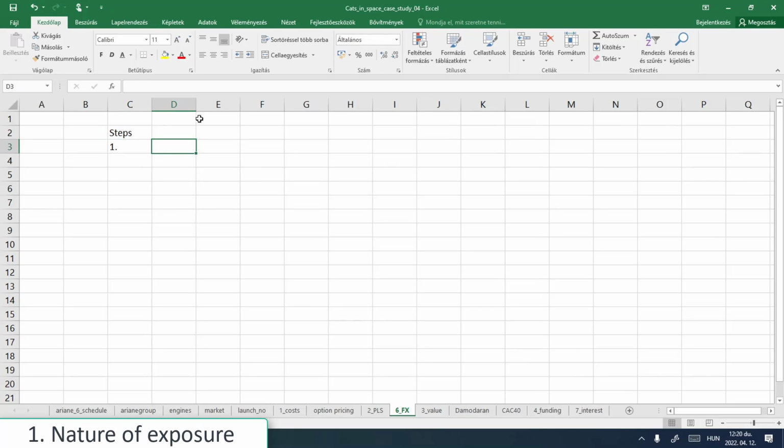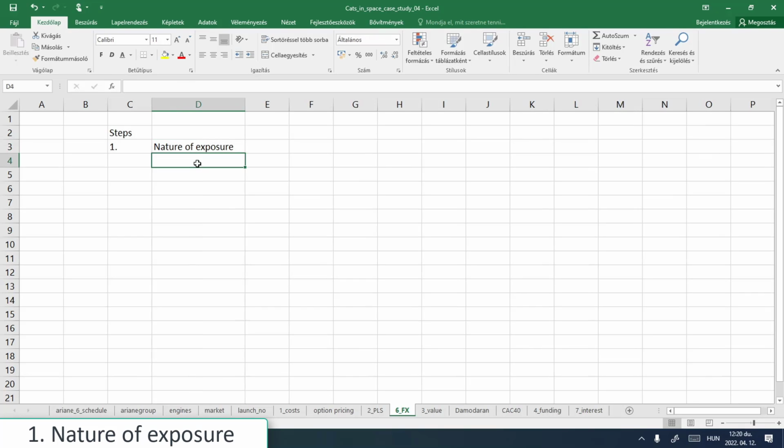So, steps. We have to think about the exposure, the nature of exposure. In case we have only revenues in the foreign exchange rates, then what is the desired change in the currency?